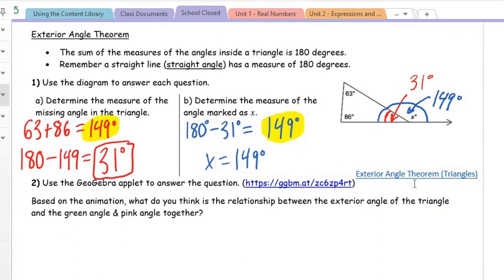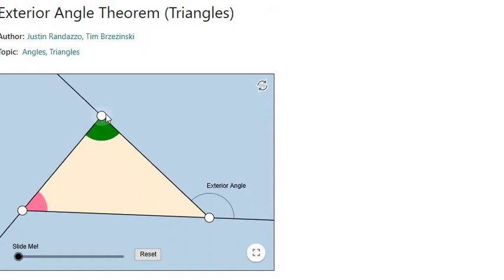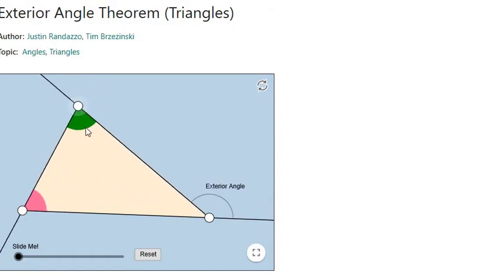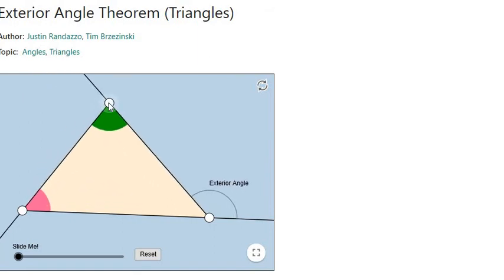This GeoGebra app is coming from the link right here where it says exterior angle theorem, triangles, and the question is, based on the animation, what do you think is the relationship between the exterior angle of the triangle and the green and pink angle together? I'm going to open it up, and this one is pretty simple. You can change the size of the triangle, and it'll change the pink angle and the green angle, but all we're using is this one slider.